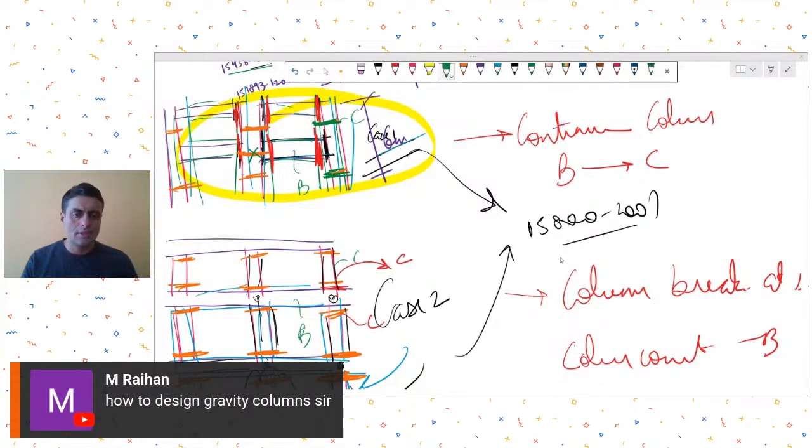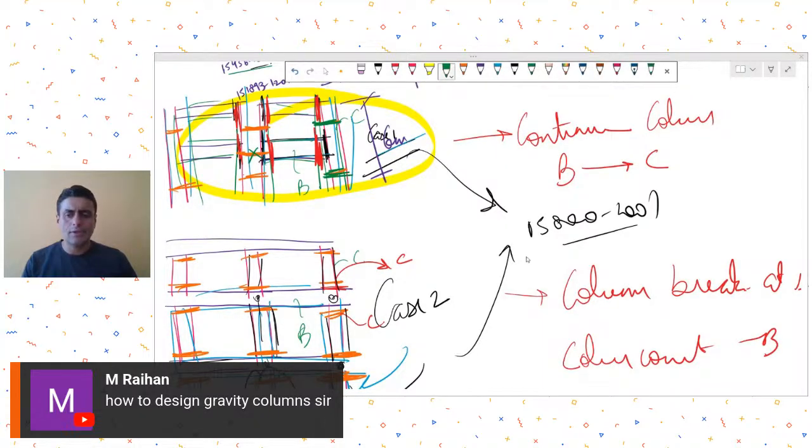Mr. Raihan is asking how to design gravity columns. It's a long discussion. We had taken up gravity columns in one of our previous lectures. There are 4 or 5 strategies for it. In one of our earlier Ask AuxEn Anything sessions, we had taken this up. Maybe you could refer to that.